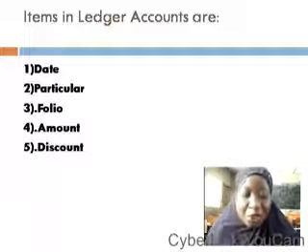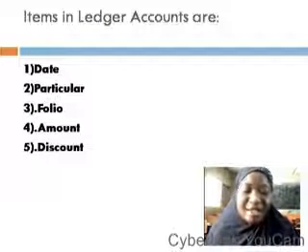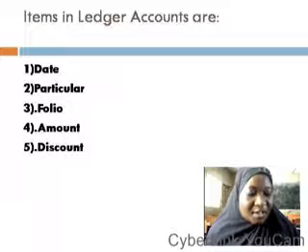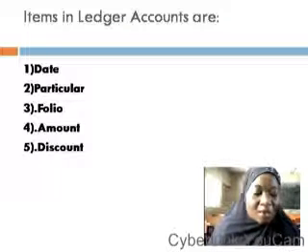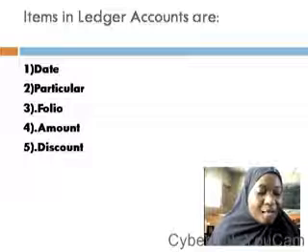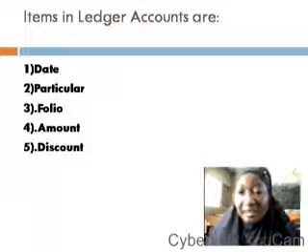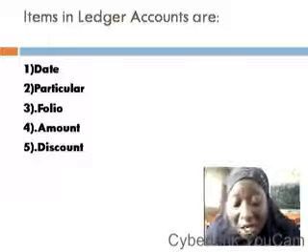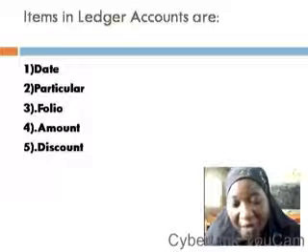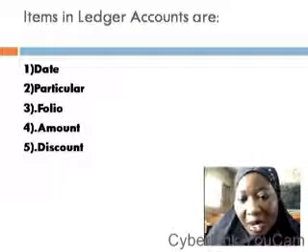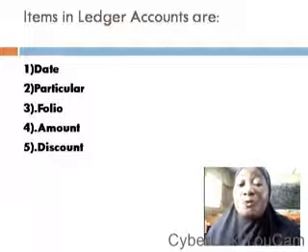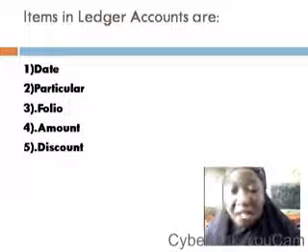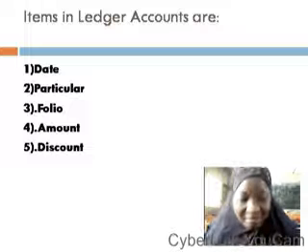Then folio. Folio refers to the journal number where you are bringing your recording. This is referred to as the reference column, as it shows where the other side of the account could be found. Maybe if you are preparing your ledger account and you record your folio number as number 1 or J1, that means if you want to check your journal, you go to number 1 of it to see that transaction.